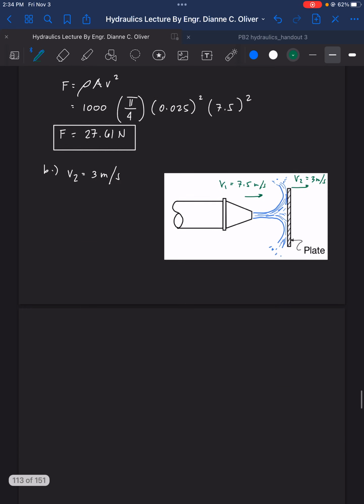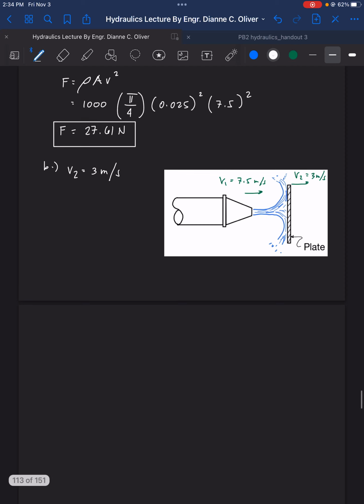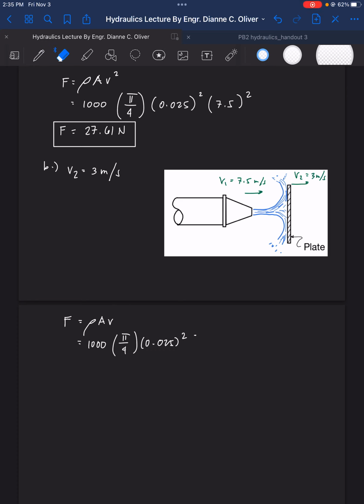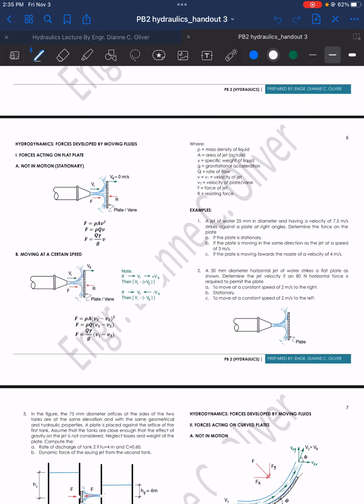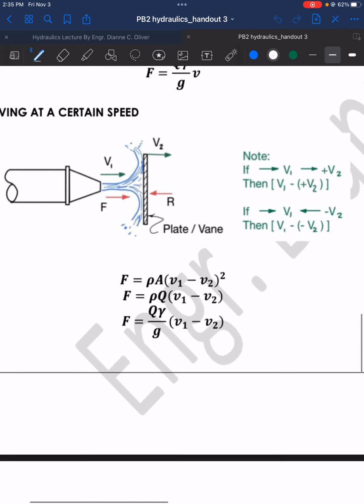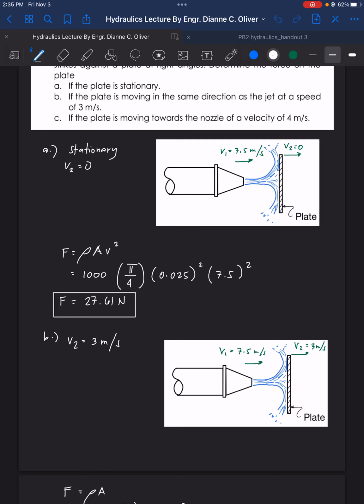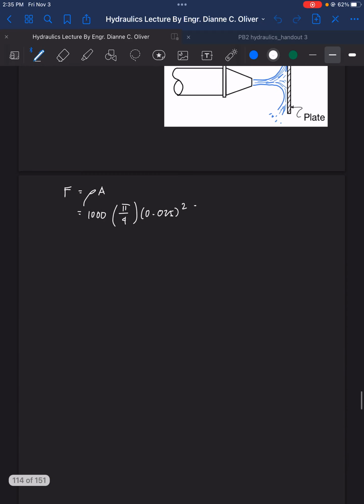So again, the formula here that we're going to use is F = ρA V squared, with ρ of 1000 and A = π over 4 times 0.025 squared. Since the plate is already moving, our formula is (V1 − V2) squared.